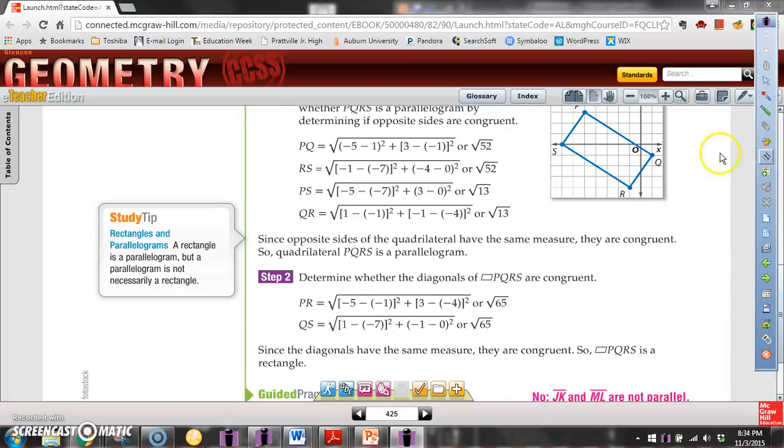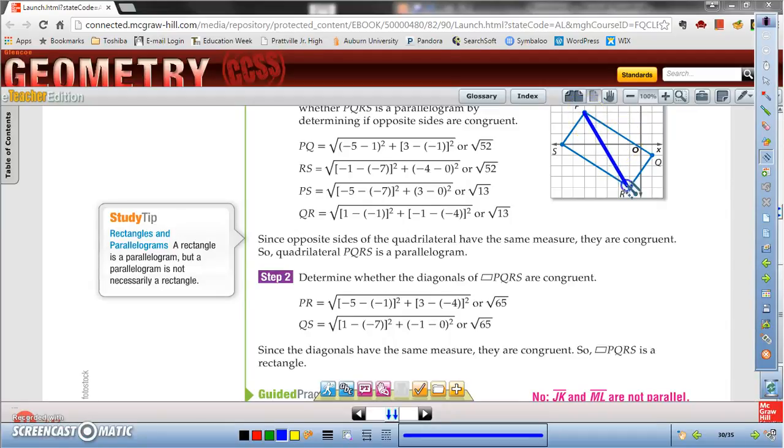I can measure the distance from one diagonal to the other, and then measure the distance from the other diagonal across, and I should get the same measure if it is a rectangle. And that's what you see being done here. So since the diagonals have the same measure, they are congruent, and quadrilateral PQRS is a rectangle.